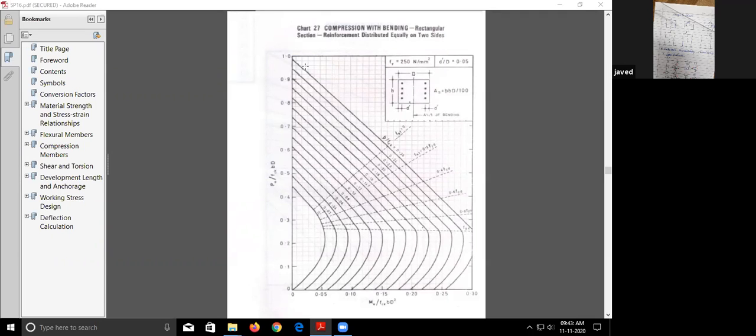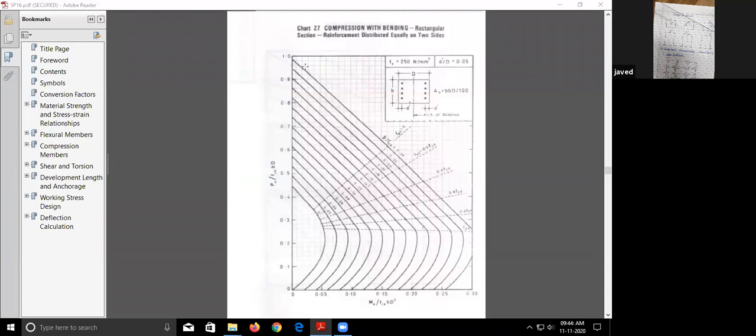Write down the third step. Corresponding to these values, get the value of pt by fck from the chart. In the second step you found out Pu by fck bd and Mu by fck bd square. After that, corresponding to these values, get the value of pt by fck from the chart.